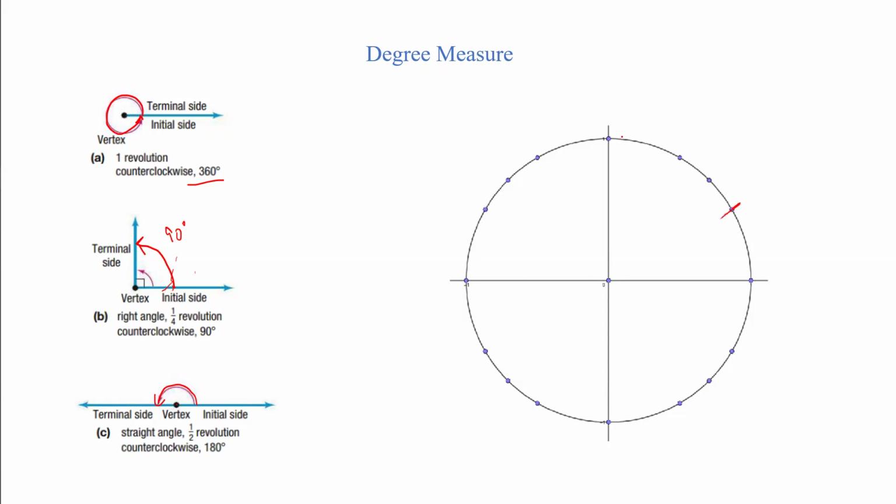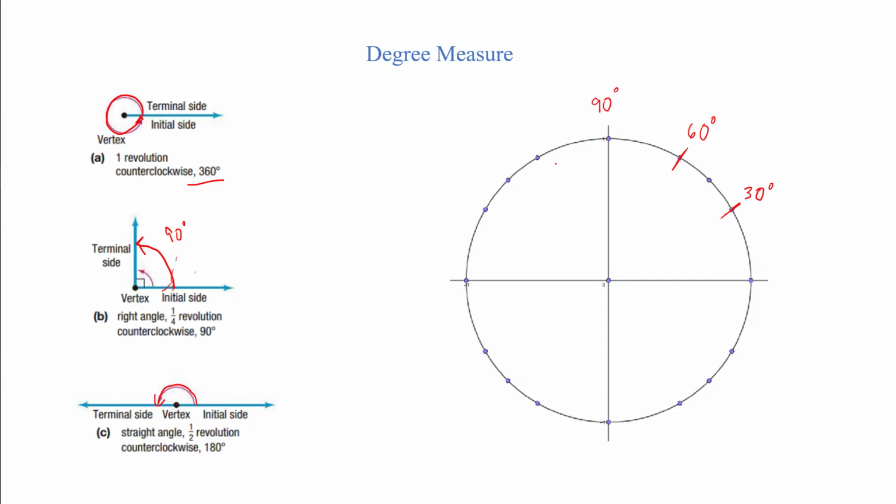I know that 1/3 of the way to 90 is 30. Another 30 is going to put me at 60, 2/3 of the way to 90, and then we know this is 90 degrees.